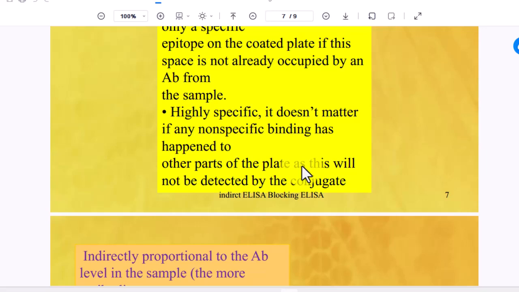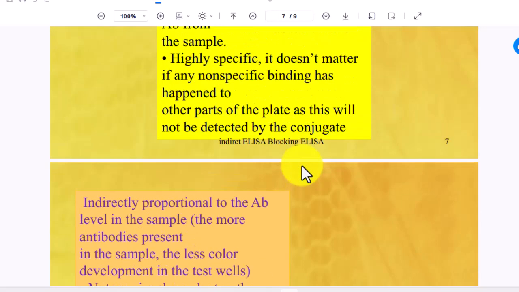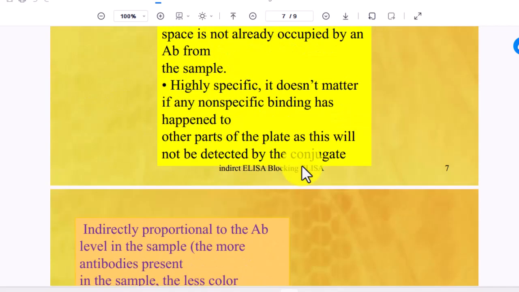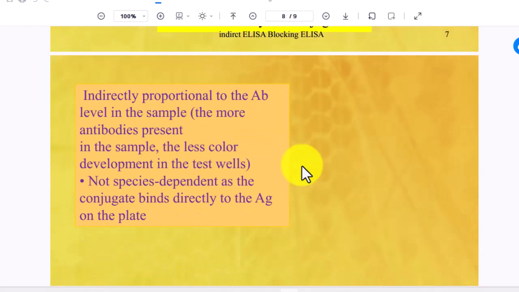It doesn't matter if any non-specific binding has happened to other parts of the plate, as this will not be detected by the conjugate. This is blocking ELISA, competitive ELISA. It is inversely proportional to the antibody level in the sample. The more antibodies present in the sample, the less color developed in the test wells.